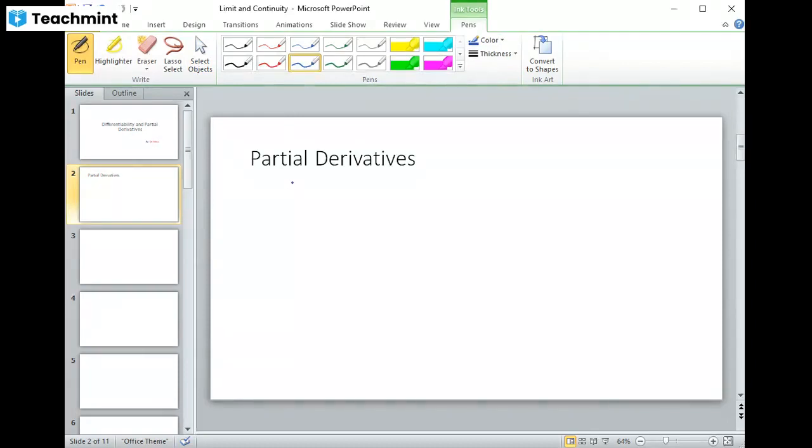Suppose that z is a function of x and y. For any fixed value of y, let y equal to y naught be the fixed value of y.